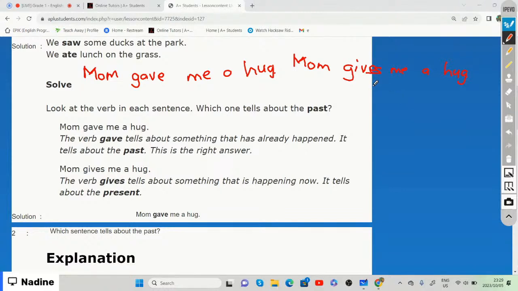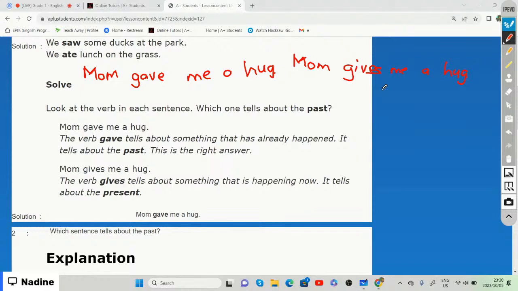So we need to say which word is in the past or tells us about the past. Is it "Mom gave me a hug" or "Mom gives me a hug"? So if we look at the verb in each of the sentences, right?